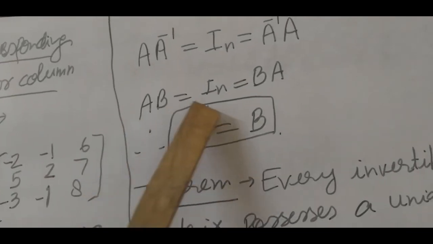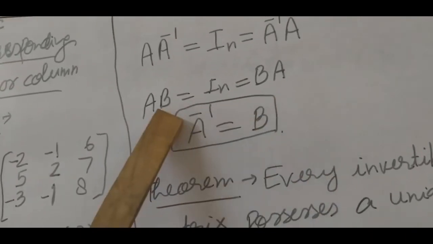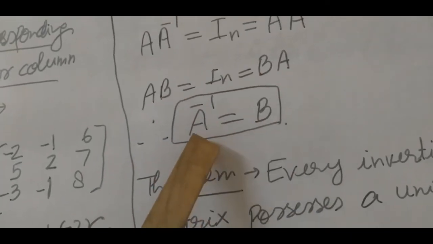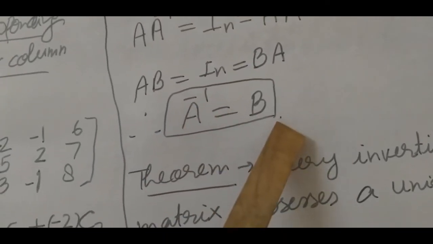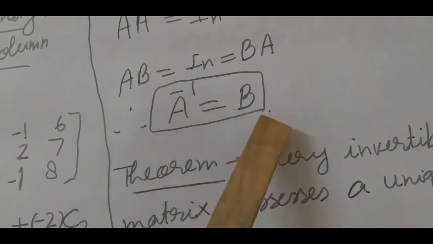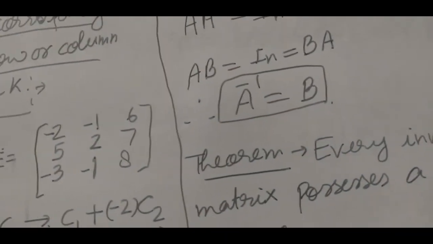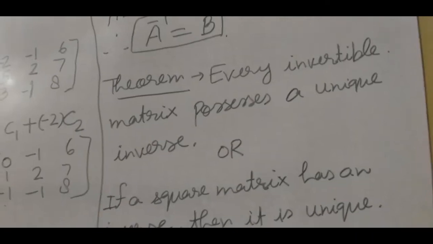So AB equals In equals BA. So B is the inverse of A. So we can write here A inverse equals B, or we can say B inverse equals A. Okay students, so this is the inverse.